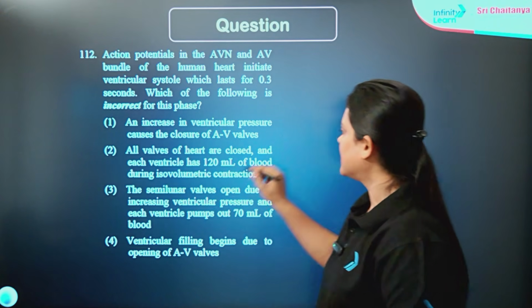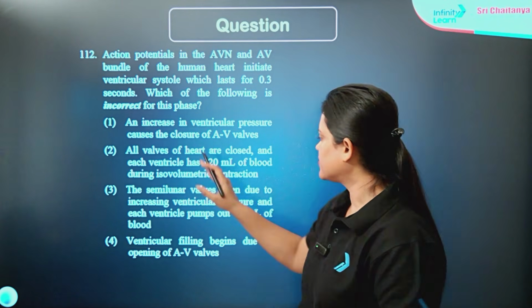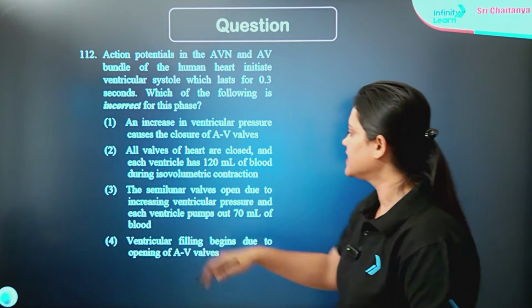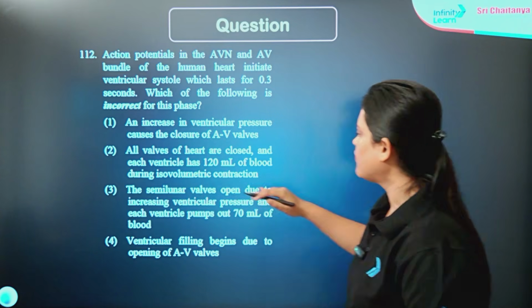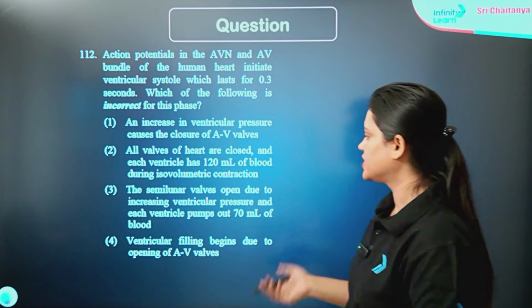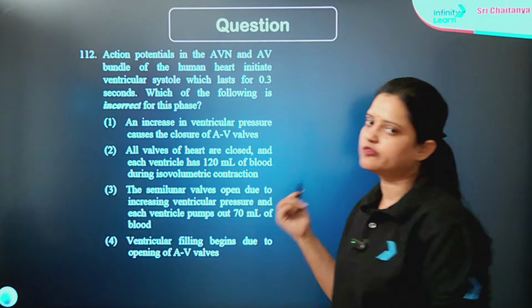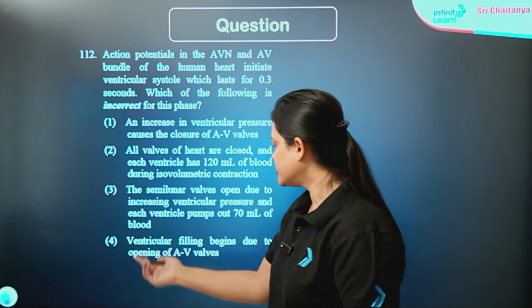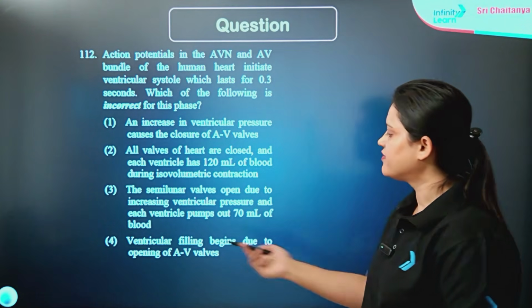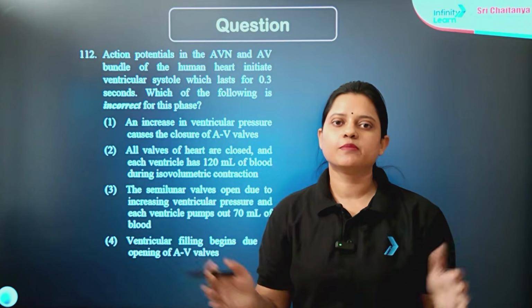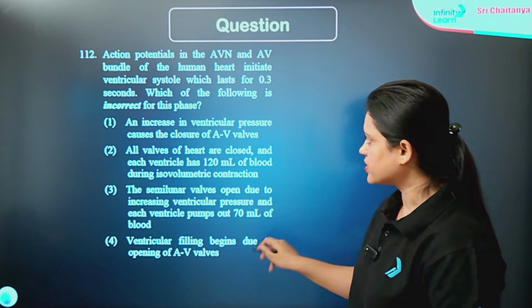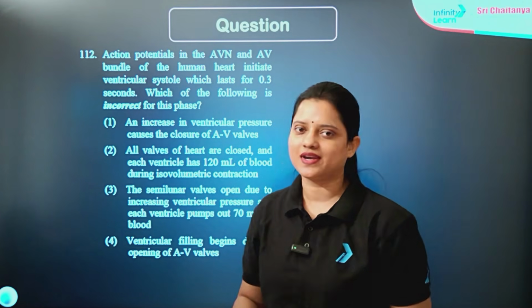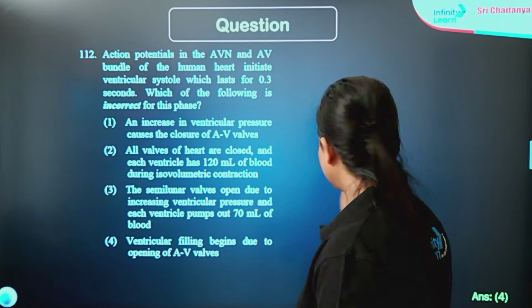All valves of the heart are closed and each ventricle has 120 ml of blood during isovolumetric contraction. That's true. The semilunar valve opens due to increased ventricular pressure and each ventricle pumps out 70 ml of blood. That's also true. Ventricular filling begins due to opening of AV valves? No. At the time of ventricular contraction, there will not be ventricular filling. So this is wrong. The incorrect one is the fourth one, right? So the correct answer is 4.